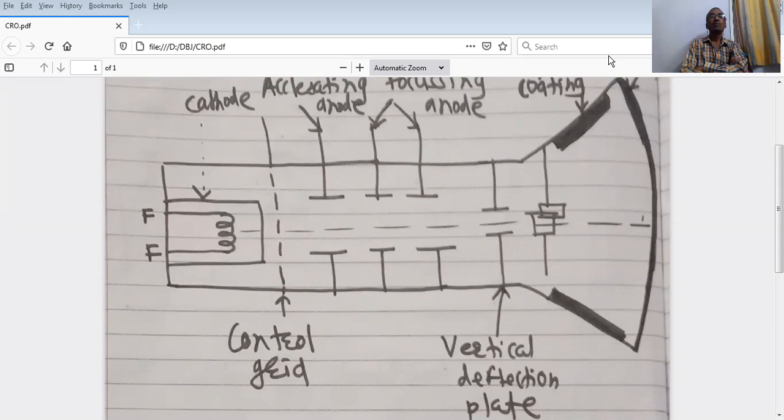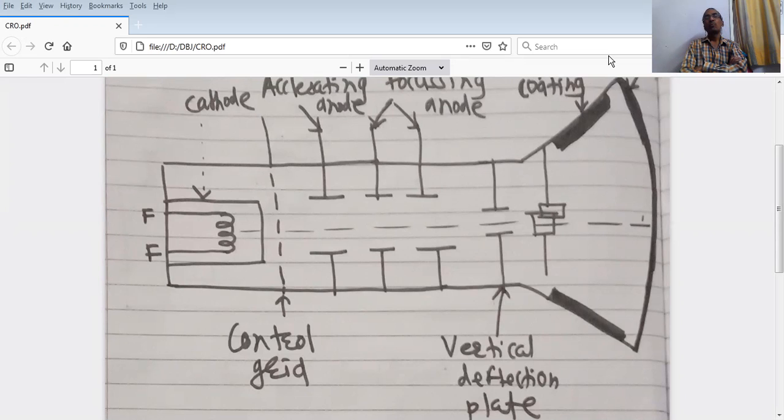Depending upon how much potential is applied at the accelerating anode, the speed of the electron can be increased. Up to this point, we discussed in the previous period.